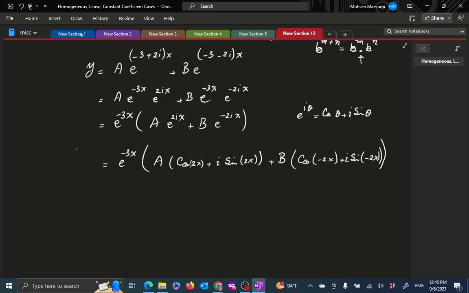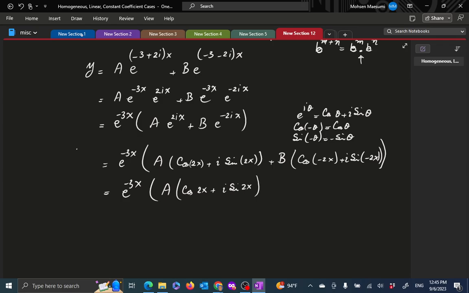Now, two simple identities from trigonometry. Cosine of the negative of an angle is the same as cosine of that angle, and sine of the negative of an angle is minus sine of that angle. So what does that do? Exponential of minus 3x, a cosine of 2x plus i sine of 2x.